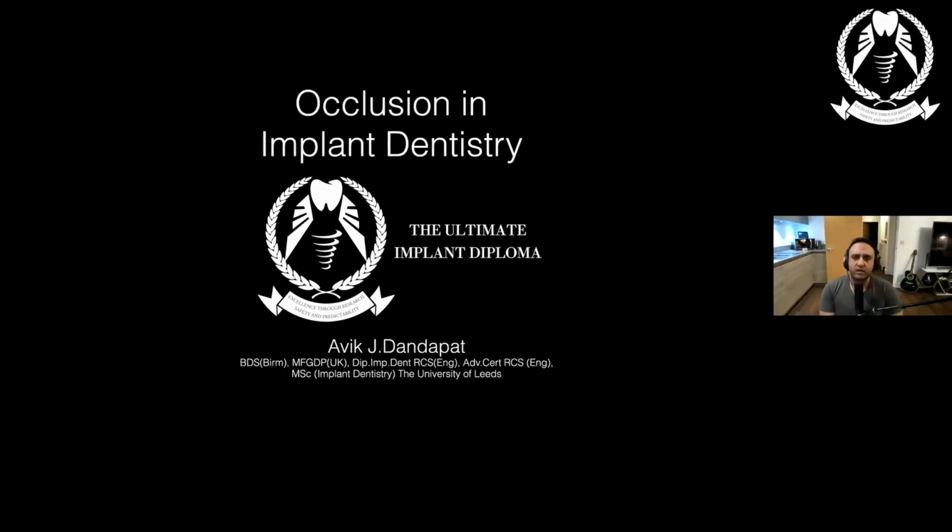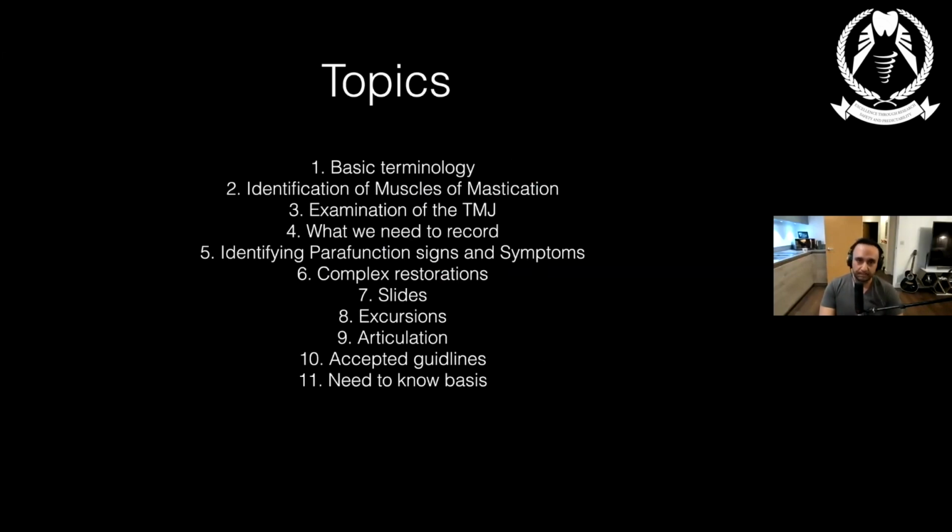I always find the topic of occlusion quite interesting, and something that can come and bite you. When you've done quite a few implants, you realize why things go wrong, by identifying issues in occlusion. So this was written as a way of going through the basics of occlusion and relating it to dental implants and how they work.